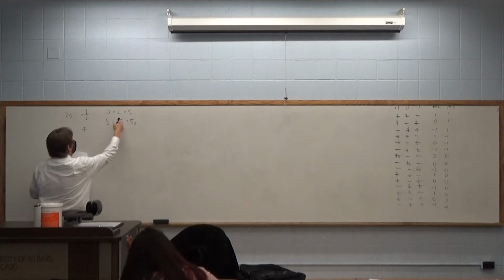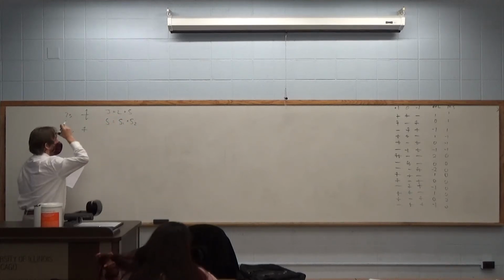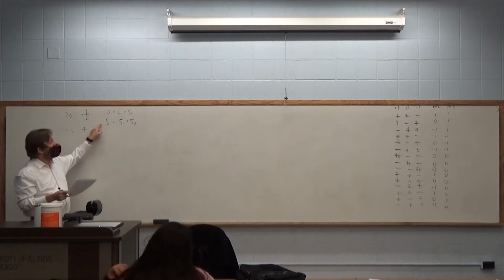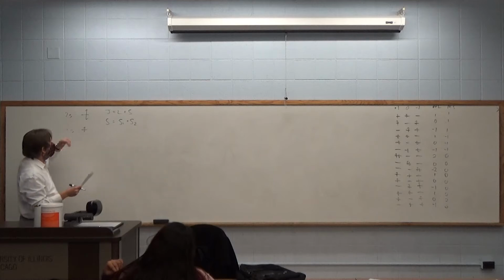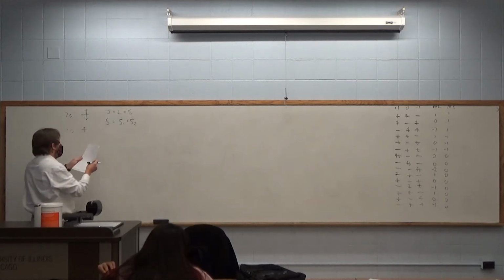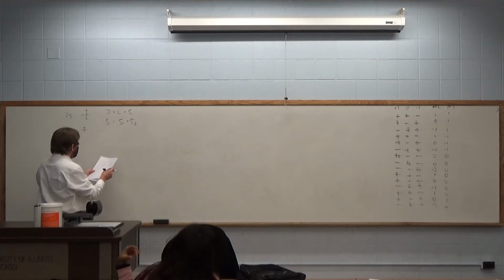There was no L, but there was another S. And so the total angular momentum J in this case is just the total S, in the case of all S orbitals, because there's no L to be added to begin with.